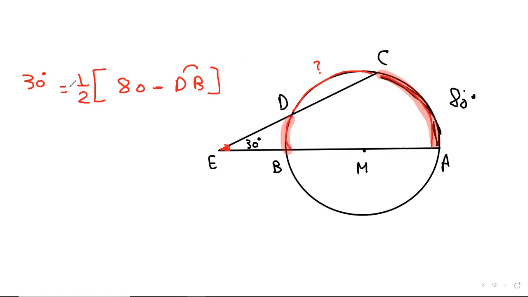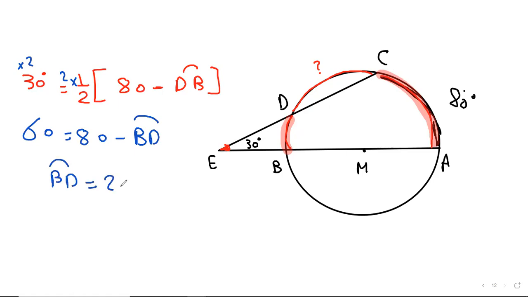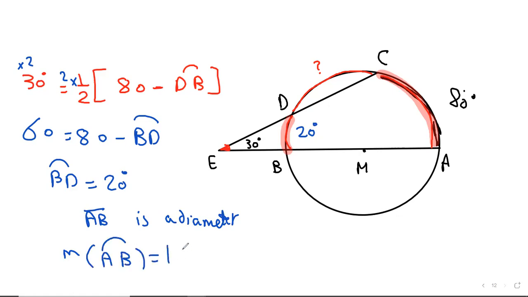So multiply by 2 to get rid of this 2, both sides. So 60 equals 80 minus BD. So BD directly equals 20 degrees. So here it's 20. You know AB is a diameter, then the measure of the arc AB equals 180.